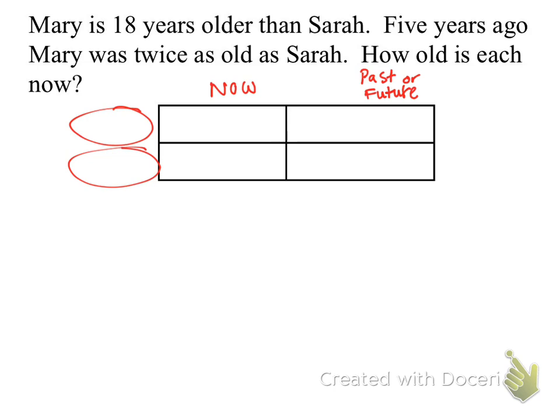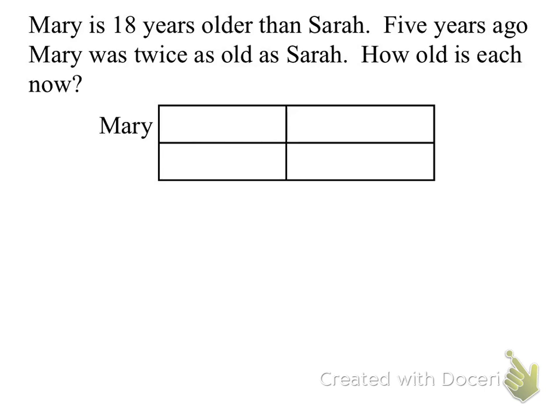All right, what am I comparing? What goes on the outside of the boxes? Yes, Mary and Sarah. Okay, we are talking about now and when? 5 years ago. So it's the age now and the age 5 years ago. What are we calling Mary now?